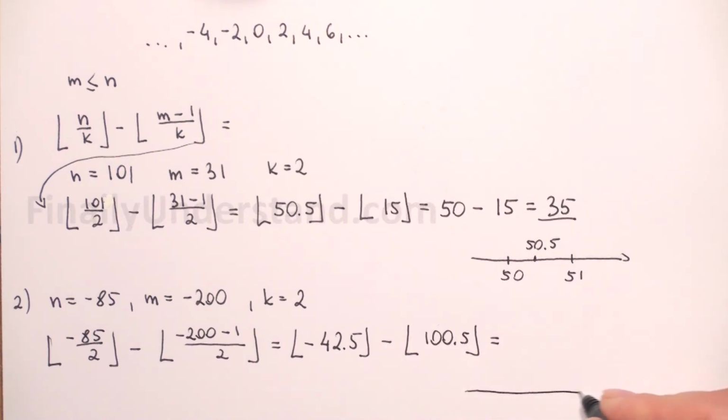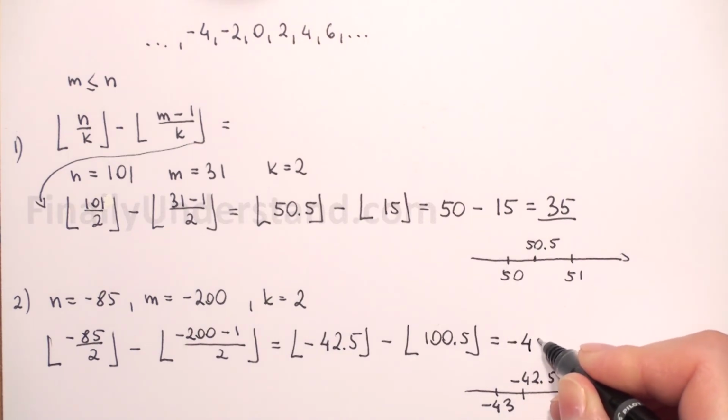You can always draw a number line and find between which integers the first number is. So we have -42.5, which is between negative 43 and negative 42. So the largest integer which is less than this number is negative 43.